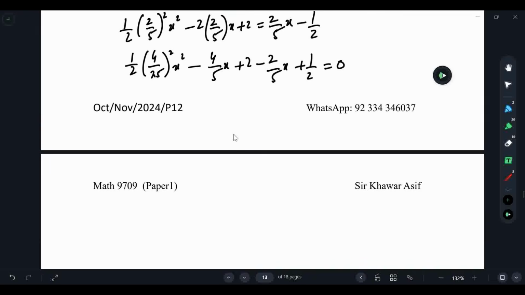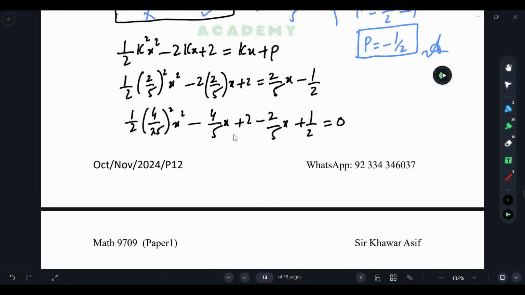If we simplify it further, this will be 2 by 25 x square minus 6 by 5 x and then plus 5 by 2 is equal to 0.